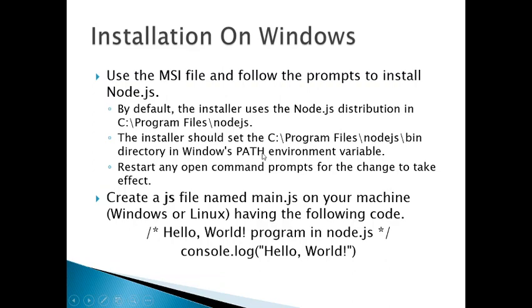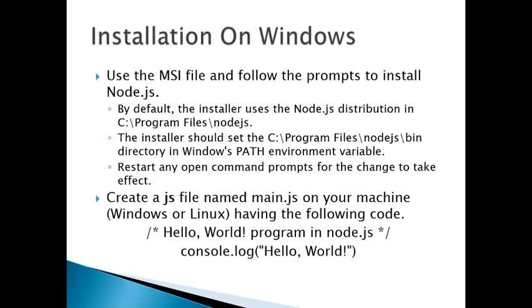It will automatically write the path variable. If it is not there, you can add it yourself to your path variable after installation. If any command prompt is open, just restart it. Then you will create a JS file named main.js on your machine with a simple code.